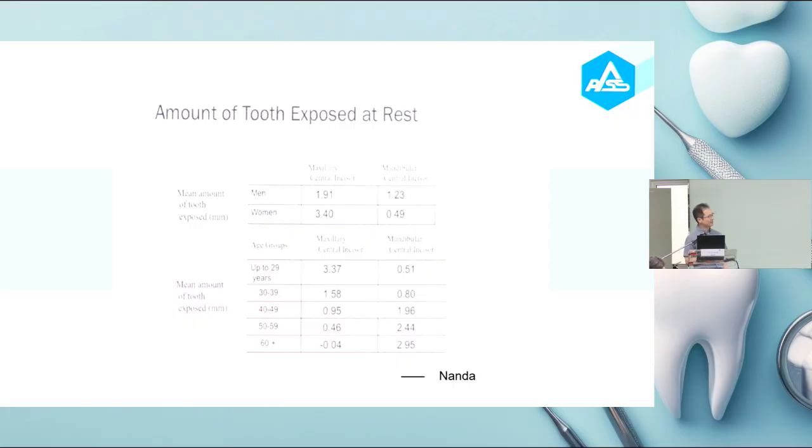This means females have a larger teeth exposure in the maxilla. As age increases, the exposure of the upper central incisor gradually decreases, while the exposure of the lower incisor gradually increases. So in an adult patient, don't intrude the upper incisor too much.